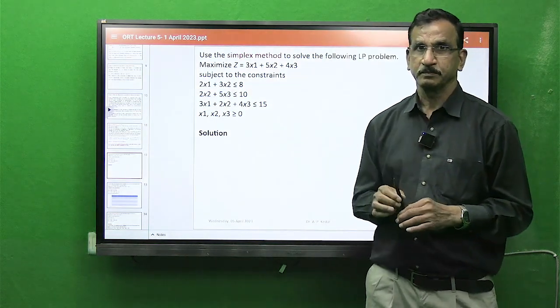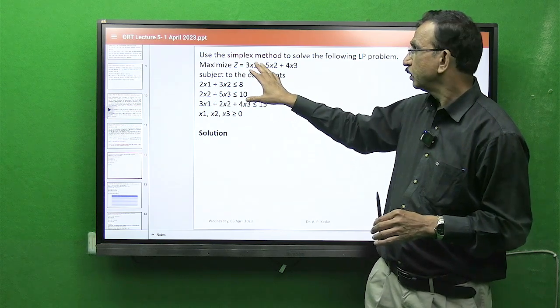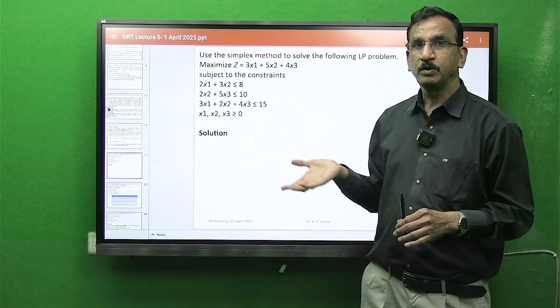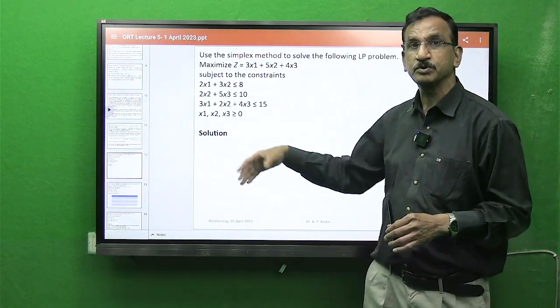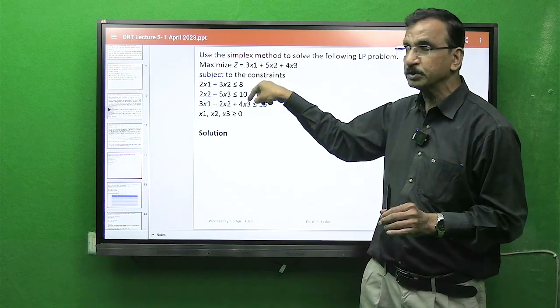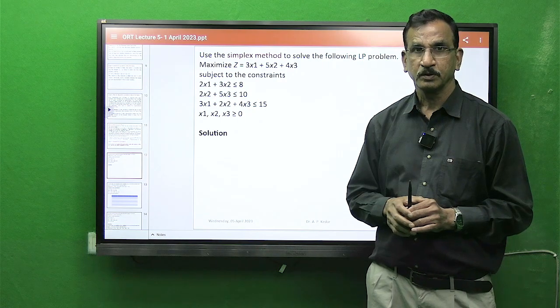In the next lecture, we will be covering details of the simplex method. We will be applying all the steps which we have discussed in today's lecture for finding the solution to this problem, which is stated on the board.